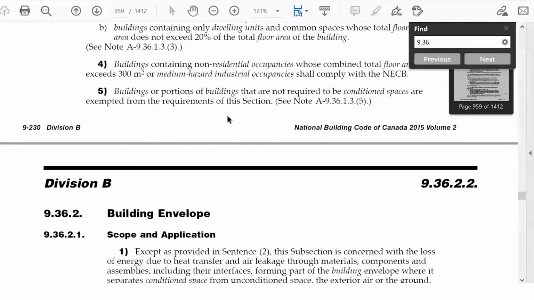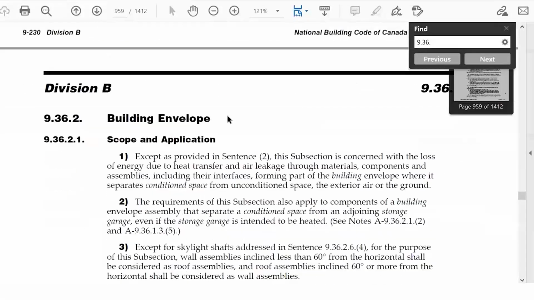So when you're looking at the building envelope, this subsection is concerned with the loss of energy due to heat transfer and air leakage through materials, components, and assemblies, including their interfaces, forming part of the building envelope where it separates conditioned space from unconditioned space, the exterior air, or the ground.